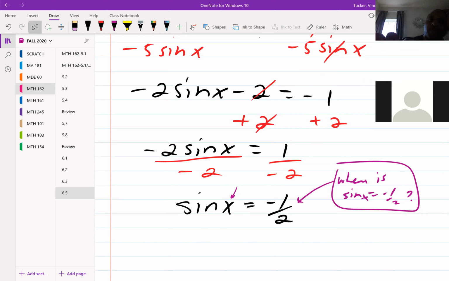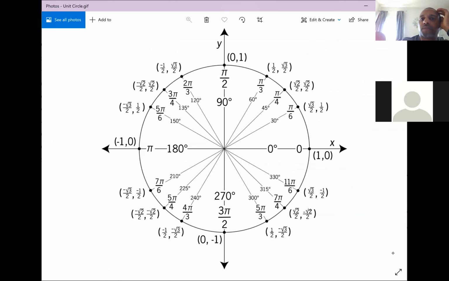So let's see, do I have my unit circle up? There you go. You guys should be able to see it.